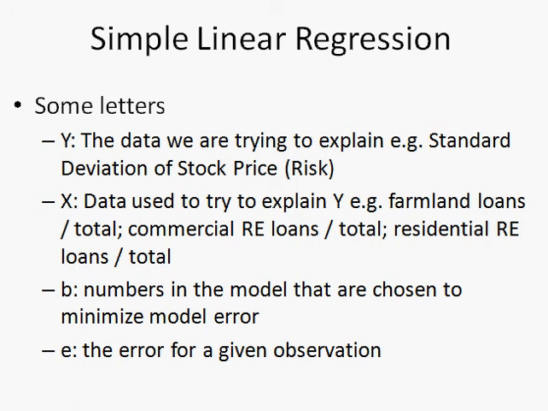Well, that would be my B. So the B is the number that dictates the relation between those two, the explainer and the thing explained. So there's a B that corresponds to every X, no matter how many you've got going at the same time. So we'd have a B for farmland loans out of total, a B for commercial real estate loans out of total, and a B for residential real estate loans out of total.